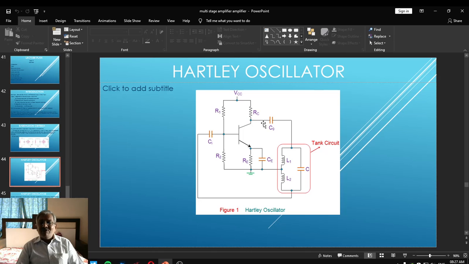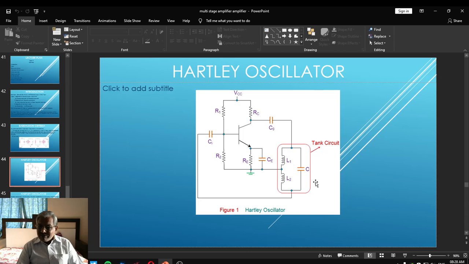So output waveform generated at the collector and input associated with the base of the transistor are out of phase by 180 degrees. Thus, 180 degree phase shift is generated by means of the amplifier circuitry. Whereas, the remaining 180 degree phase shift is generated by the tank circuit.